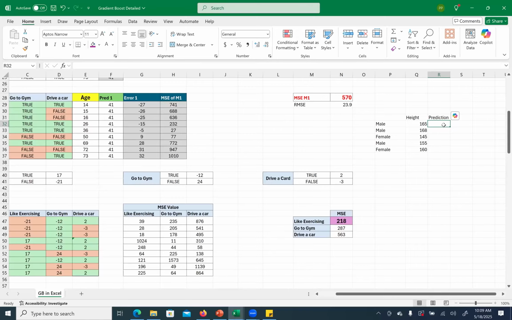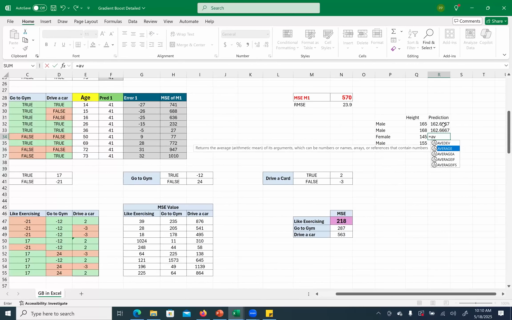Average of males, right? Average of males, that is these two and this. This is going to be the prediction for males, and for female, the prediction is going to be the average of females.